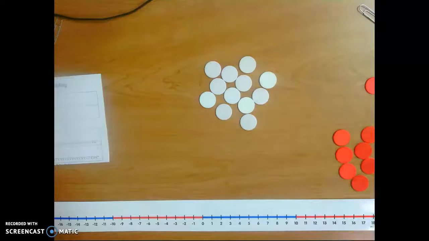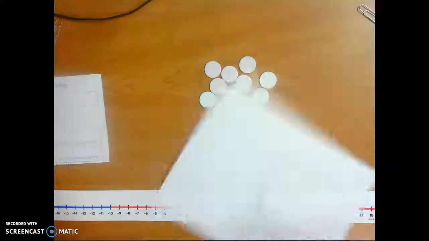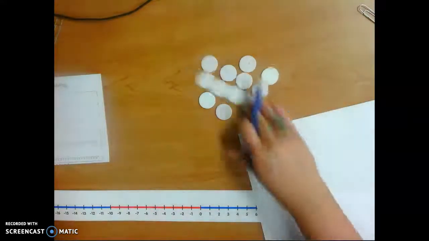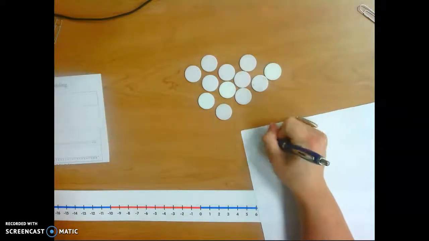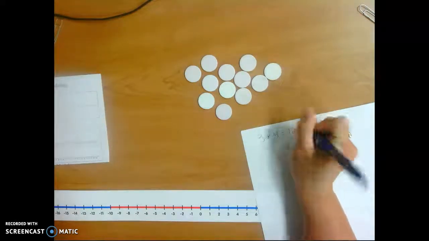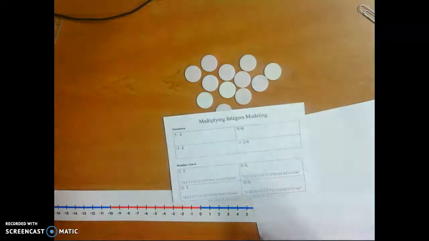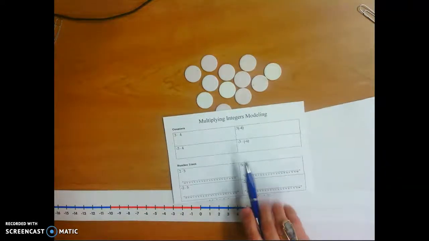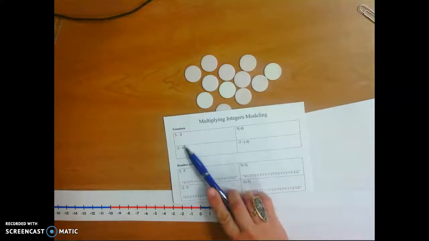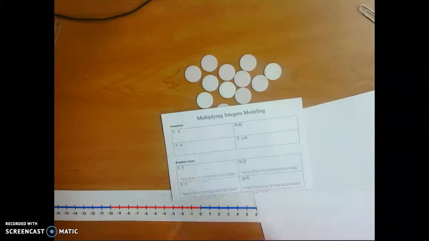So you're going to be writing these things on the board. You can have them also write them on their anchor chart like we have done in the past. So right now, 3 times 4 equals 12. Notice that all of the representations we have of our multiplication is either a number dot another number, or a number parentheses another number.